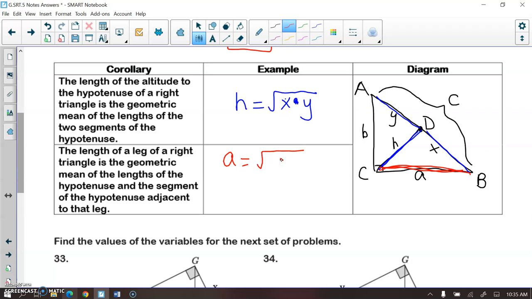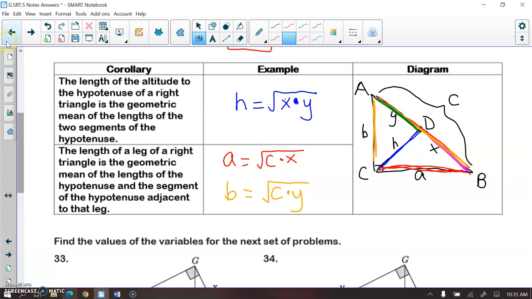And those two things are the whole hypotenuse, which is C, times the part of the hypotenuse that A is adjacent to, so that's X. If I wanted to find the other leg, B, that would be equal to the square root of the whole hypotenuse, C, times the part of the hypotenuse that B is adjacent to, which is Y.